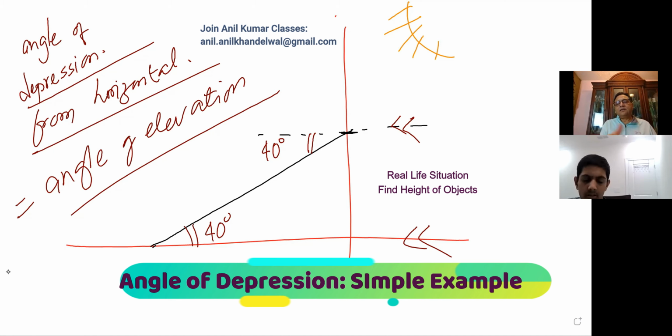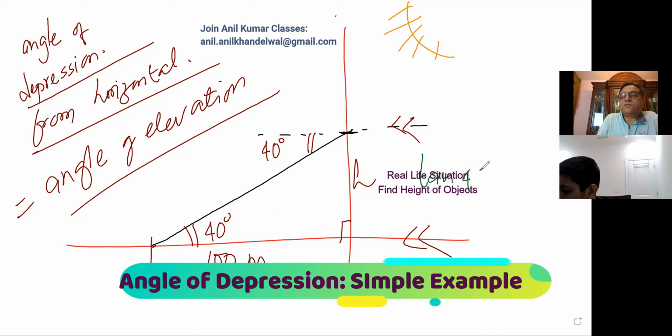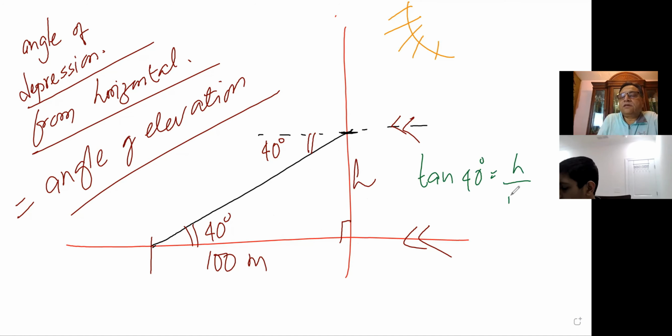So that is the kind of case, and in this particular fashion, if I know the angle of depression, and let's say we know the length of this shadow is 100 meters, we can find the height, correct? Very simple. So using, again, the tangent ratio, tan 40 degrees is height over 100, correct?